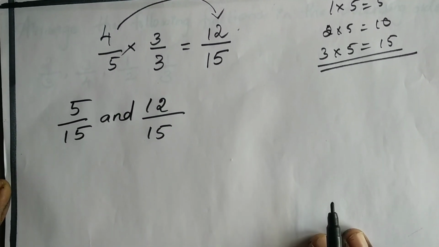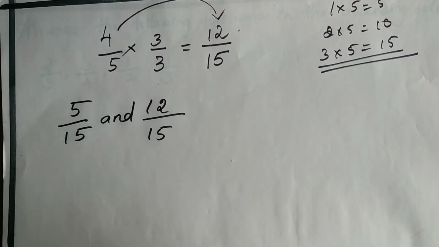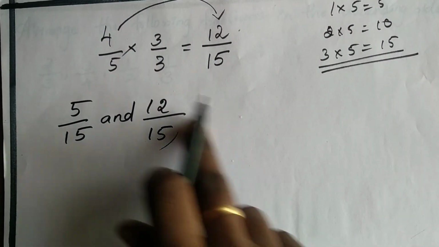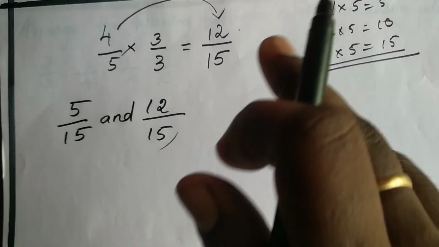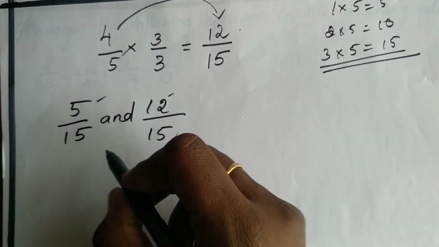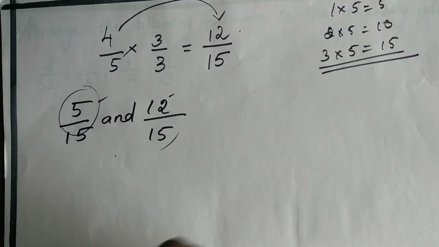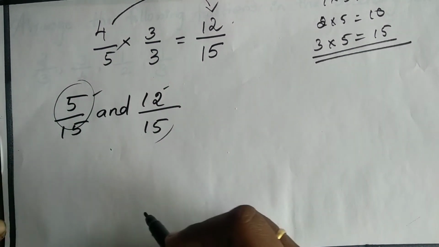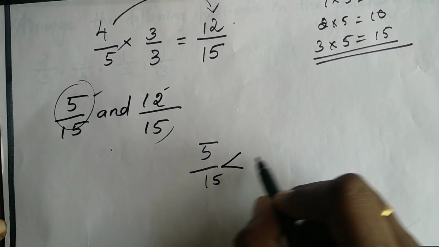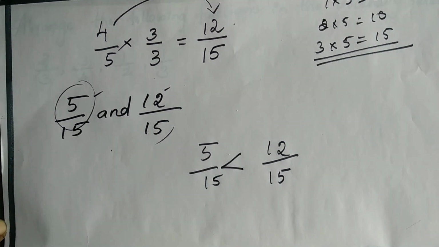Here also denominators are same. We want to compare the numerators. The fraction with the smallest numerator will be the smallest fraction. So which is smaller here? 5 by 15 is less than 12 by 15. Okay, this is the answer.